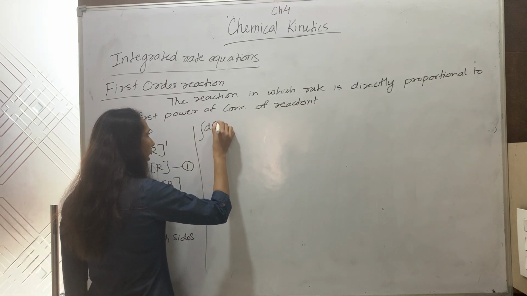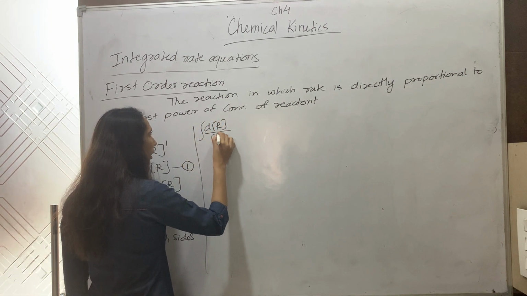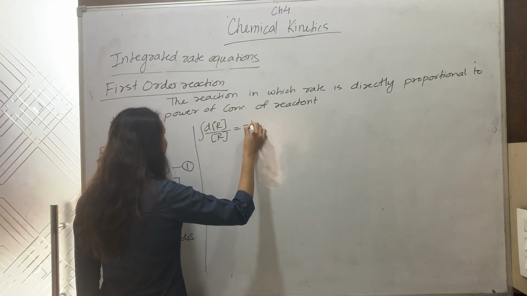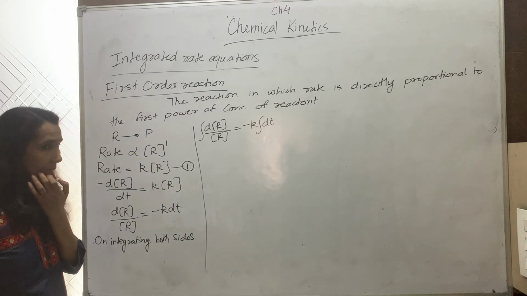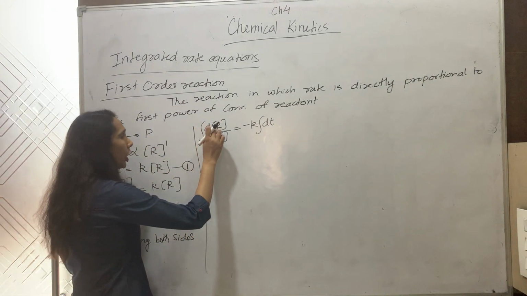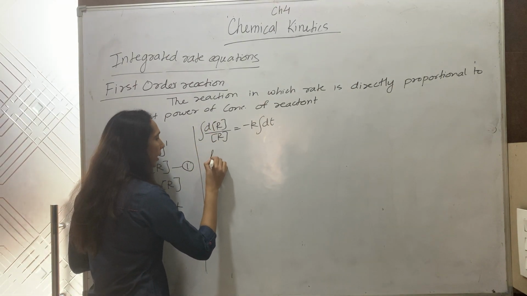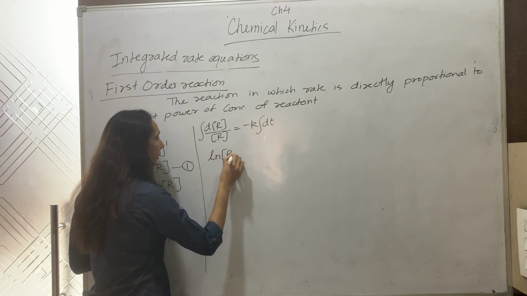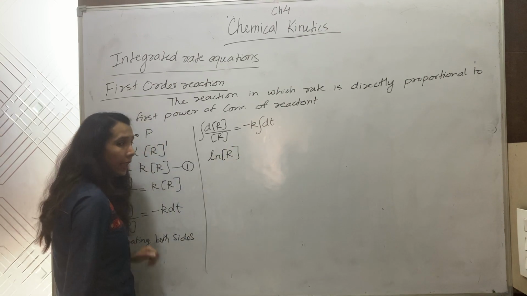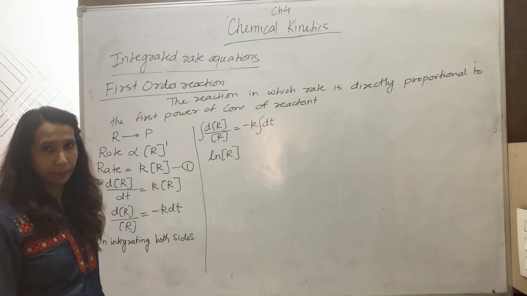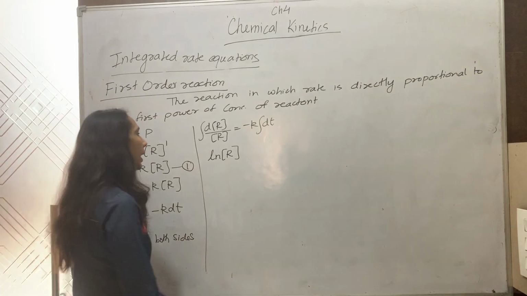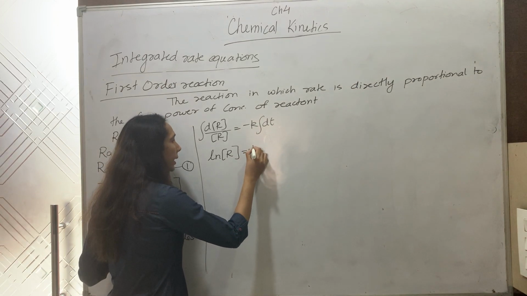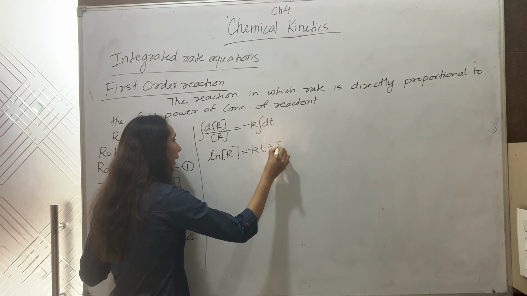Integral d[R] by [R] is equal to minus k, it is constant, so outside the integral dt. The integration of d[R] by [R] is ln [R]. ln is the natural logarithm, or you can say log to the base e. It is equal to minus kt plus I.